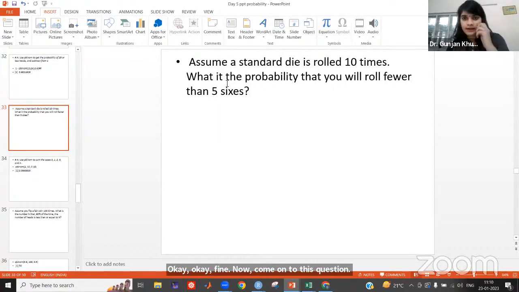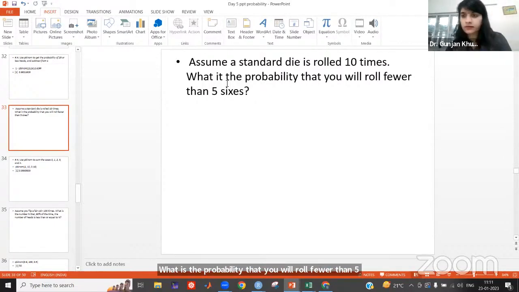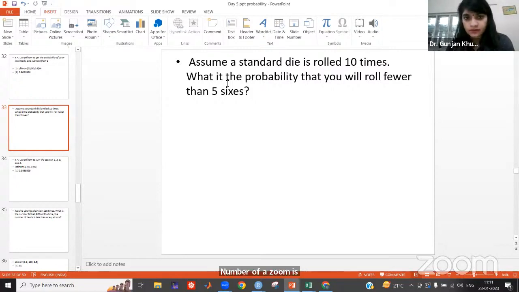So assume a standard die is rolled 10 times. What is the probability that you will roll fewer than 5 sixes? So capital X is the number of sixes. We have X less than 5.